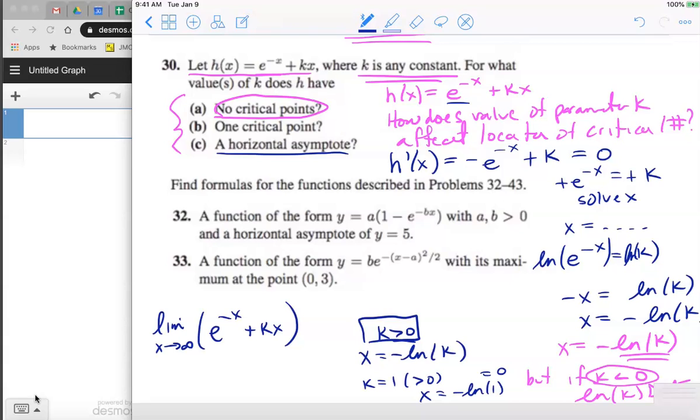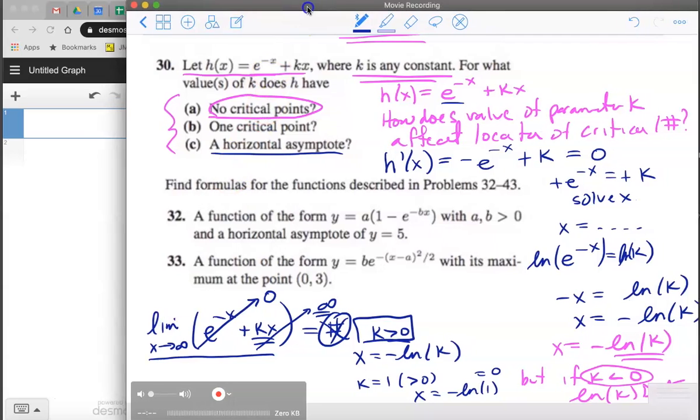Well, as x gets really big, this exponential gets smaller and smaller, closer and closer to 0, but kx gets closer and closer to infinity. So I'm not seeing an asymptote in this problem. I'm not seeing this get close to an actual number because the kx term is making this blow up to infinity.